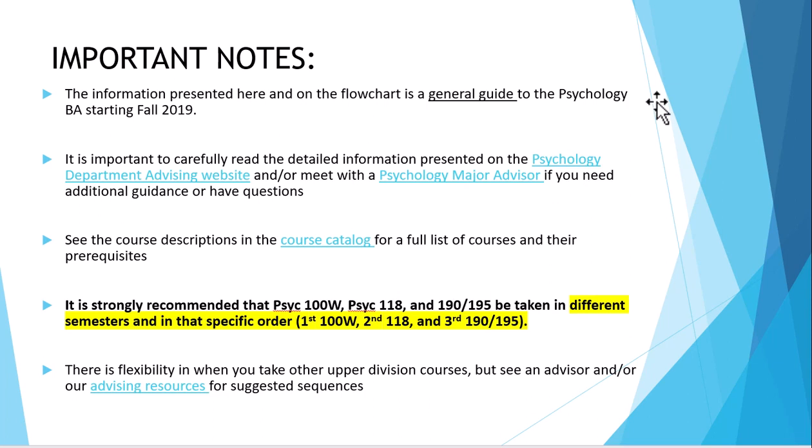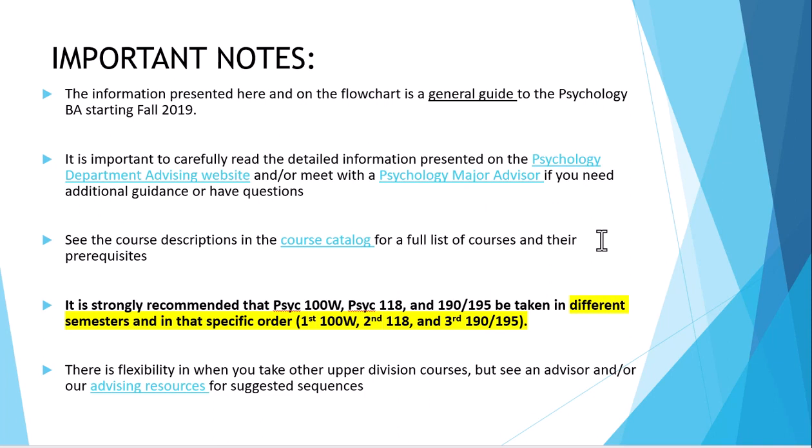So this is the current version of our psychology Bachelor of Arts degree. Okay. Now it's important for you to read the information on our psychology department advising website to get more detailed information and or meet with a psychology advisor if you need additional guidance or you have other questions.